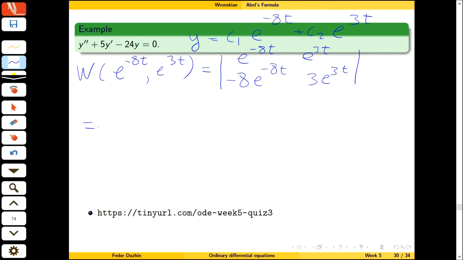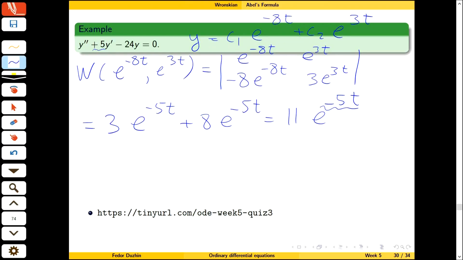Okay, so now what we are going to get is 3 times e to the minus 8t plus 3t, which is minus 5t, plus 8 e to the minus 5t, equals 11 e to the minus 5t. And what you see here is that this minus 5 is exactly minus p of t from the differential equation.